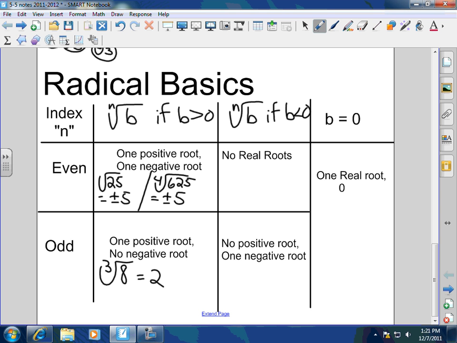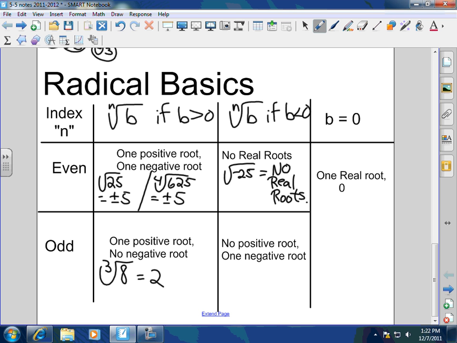Now, if b is less than 0 and you have an even root, there are no real roots. If I have the square root of negative 25, it doesn't exist as a real root. It's 5i, which we haven't gotten to, but that's a complex root.